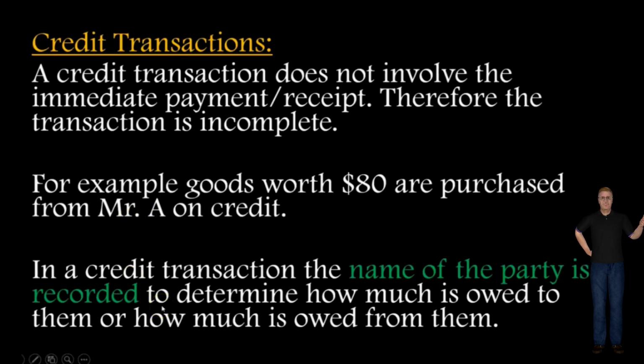And this is recorded to determine how much is owed to them or how much is owed from them. If we do not record this name, then we will not know who we're supposed to pay. Therefore, a credit transaction is always going to record the party's name.